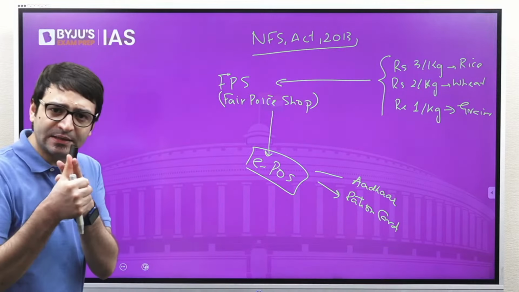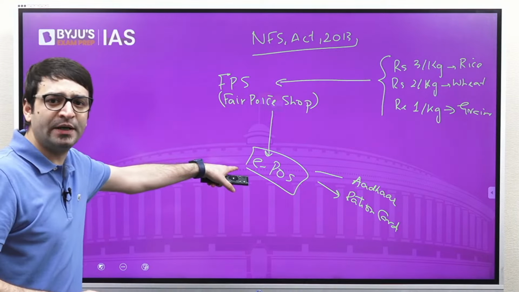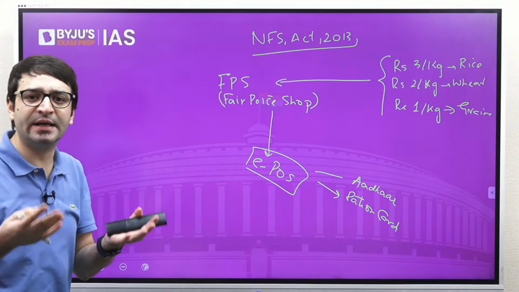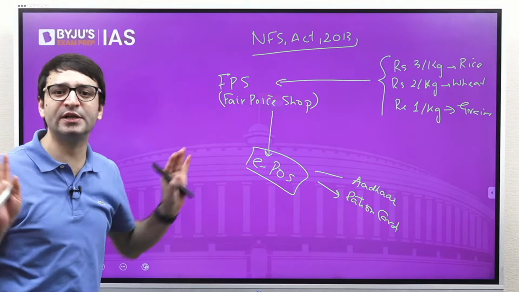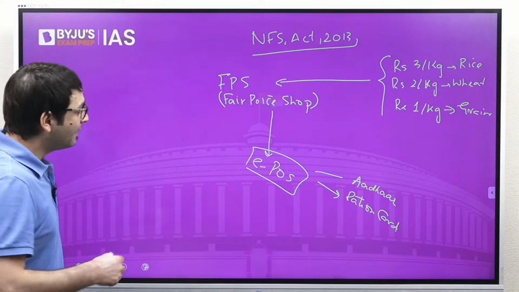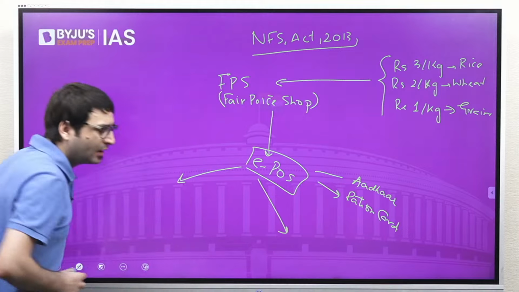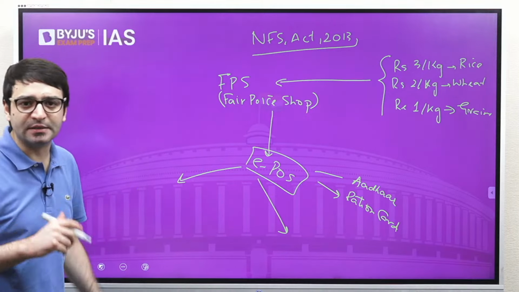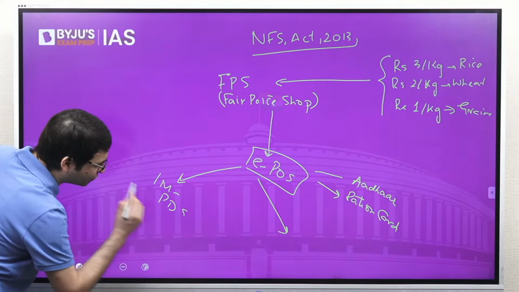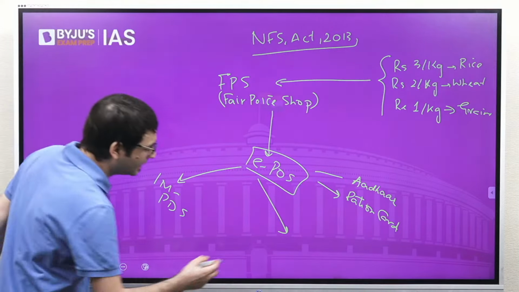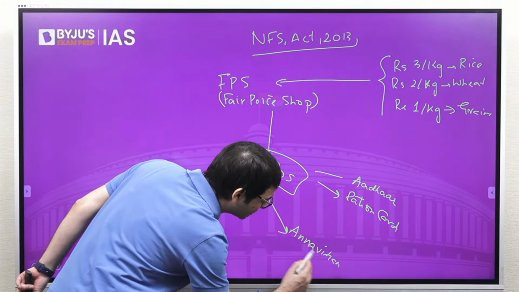By providing my Aadhaar, by providing my ration card, the fair price shop individual will authenticate my identity. Will basically say whether you are eligible for these subsidized food grains or not. Clear? But now the biggest reform is that this EPOS would be linked with two databases. One is the Integrated Management Public Distribution System database. The other is the Anna Vitran portal.